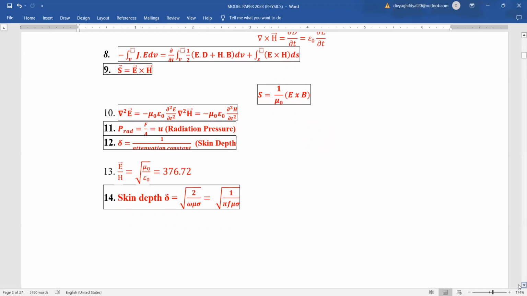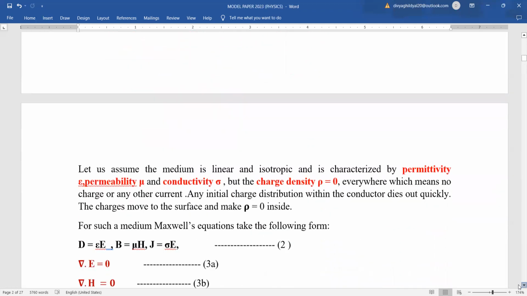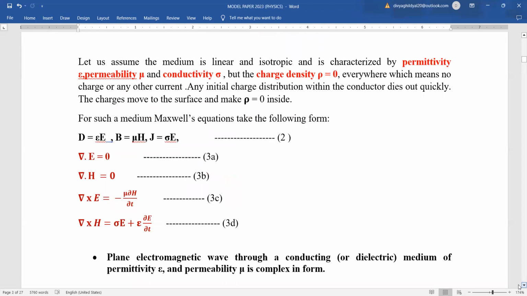And mathematically, for solving equations or numericals in Poynting theorem, I should remember S is equal to E cross H and E upon H is equal to 377.